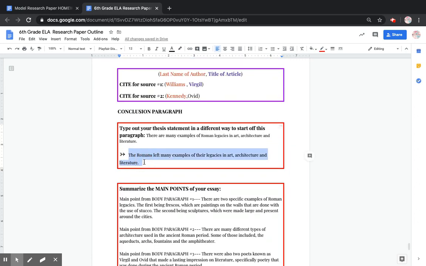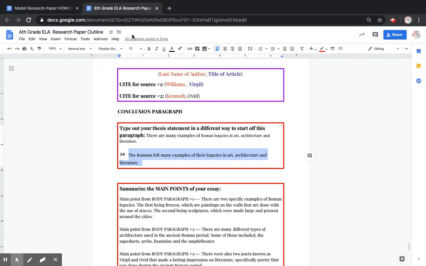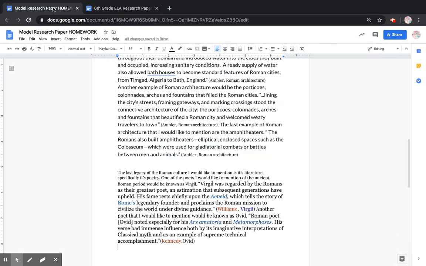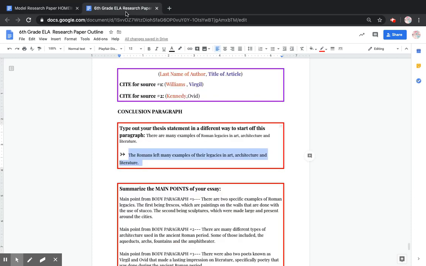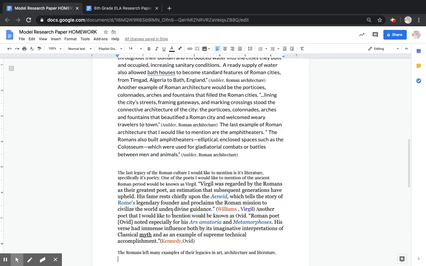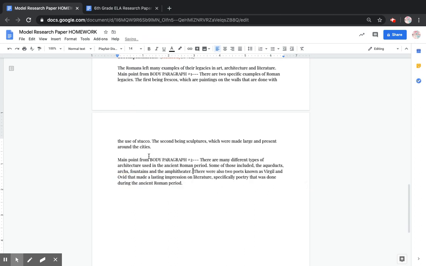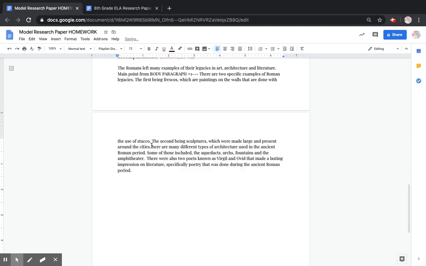So now I'm on my conclusion paragraph. I'm on those red boxes. So I have to make sure that when I go into my research paper that I give them that space, because now it's a new paragraph. And I'm just going to go ahead and copy all of this. And then when I get into here, you have to just make sure that you erase the main point, because that doesn't make sense. We want it to be in paragraph form.